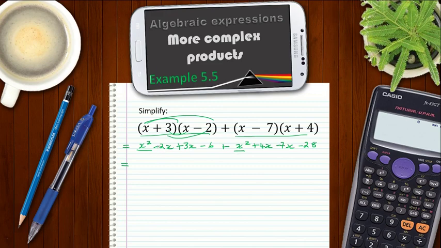And then I have the terms that contain x, and then I have my constant terms. Okay, x squared plus x squared is 2x squared, minus 2 plus 3 gives me 1, plus 4 is 5, minus 7 is negative 2x, and then minus 6 minus 28 gives me negative 34, and then we're done.